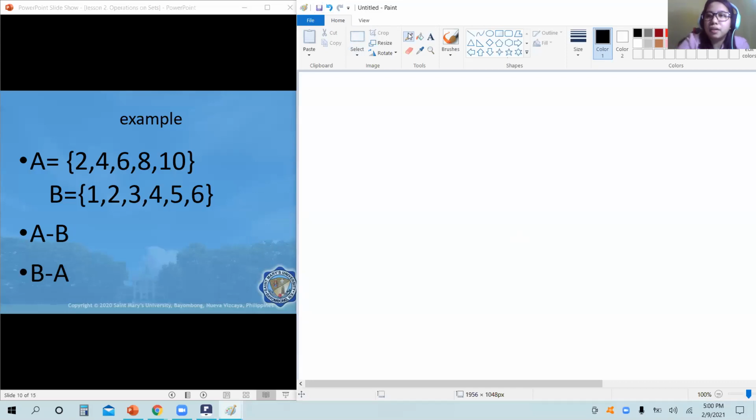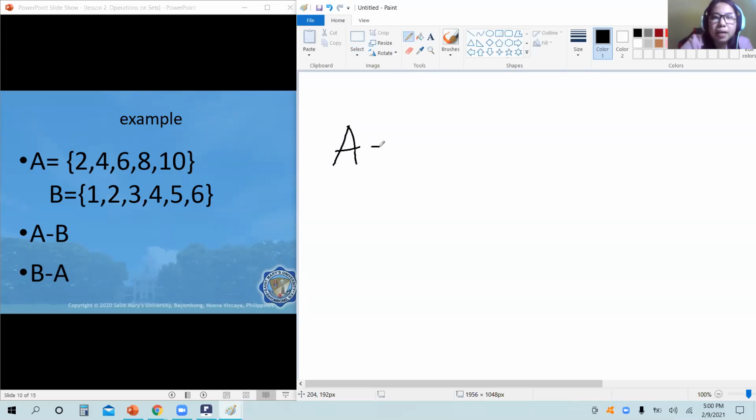Going back here, as mentioned, A minus B is the elements of A not in B. Let us look at the elements of A: 2, 4, 6, 8, 10, and the elements of B: 1, 2, 3, 4, 5, 6. So what are the elements of B that can be seen in A? We have the elements 2, 4, and 6.